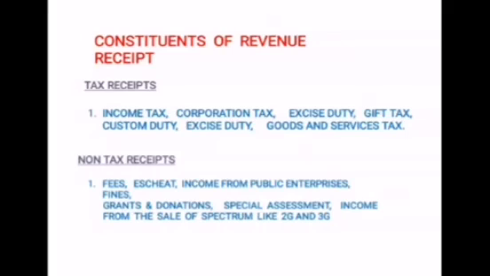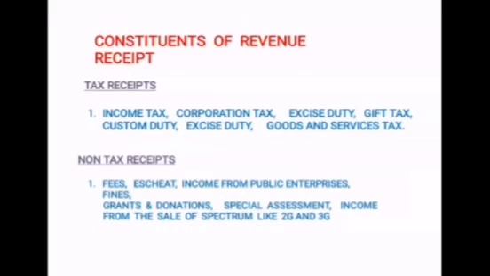Then we come to fines, which are payments made by law breakers to the government. For example, when we are moving with a vehicle and we break the traffic rules or traffic laws, we are fined. In the same way, there are other areas where people are fined, and from that the government earns certain revenue.